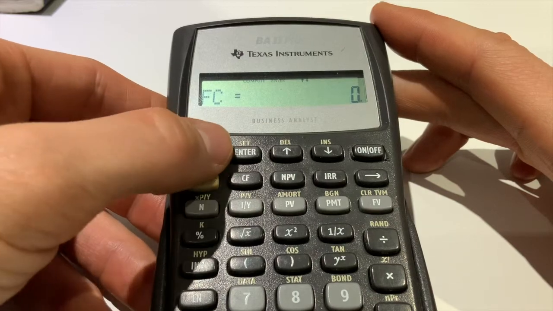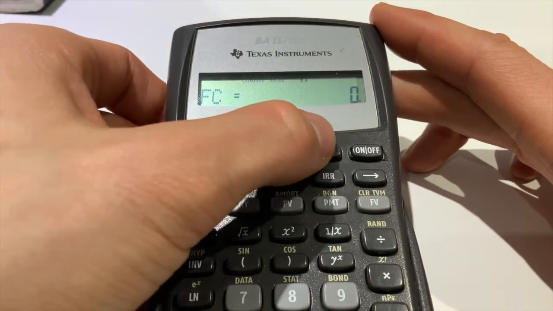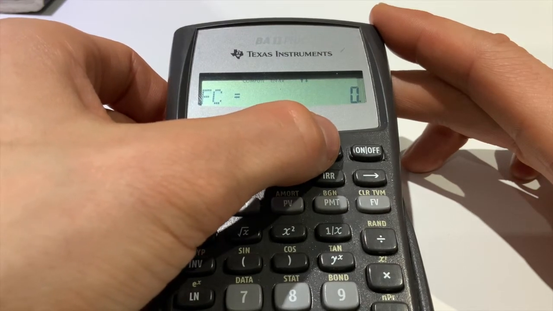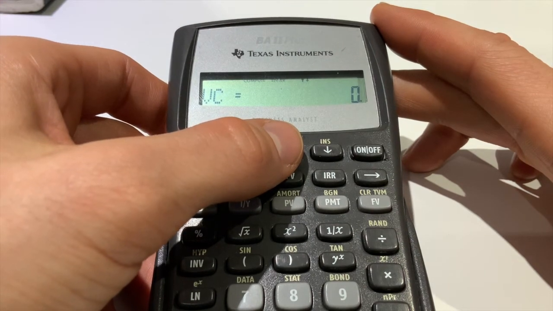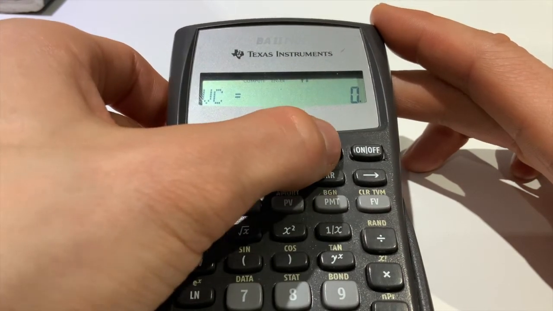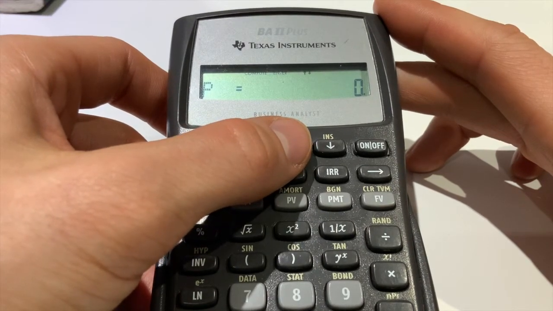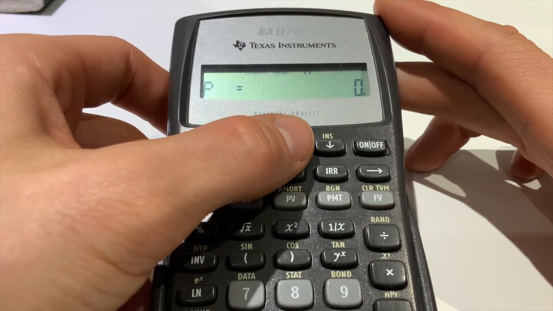Before we start entering things, notice you have the two arrows, and we can go up and down. Let's walk through all the features of break even. The next one is VC, which stands for your variable cost per one item. If you scroll down, you see P. Don't get P confused: P means the selling price, the price of the item.